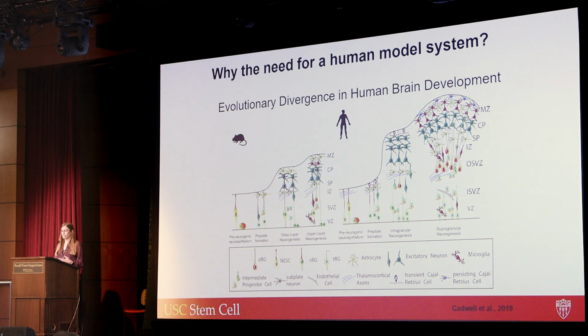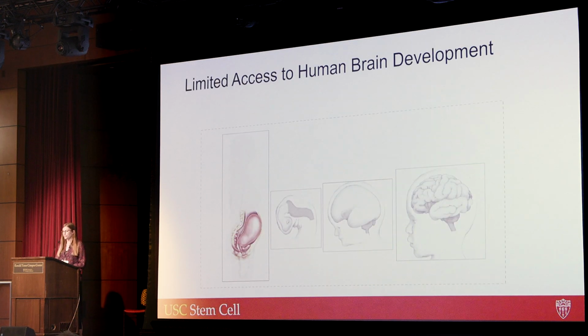So if we see here, there's a schematic of the cortex of rodents and human, and we see there are specific layers within the human cortex, such as the subventricular zone that is populated by outer radial glia that is not present in rodent models. And so we find these specific cell populations that are not present in animal models.